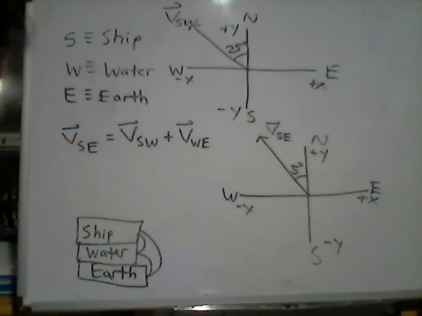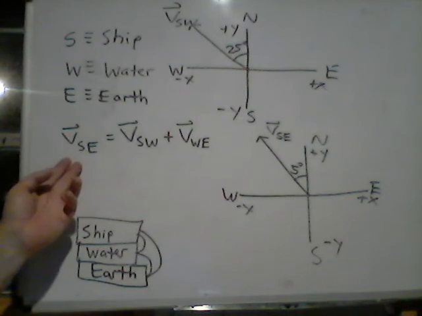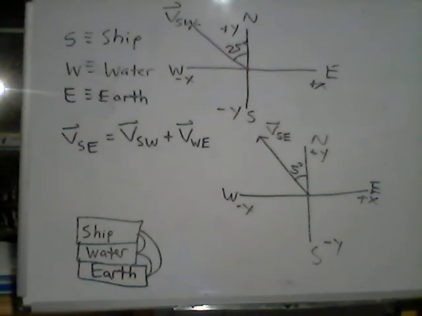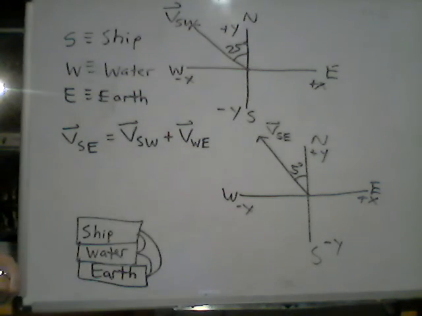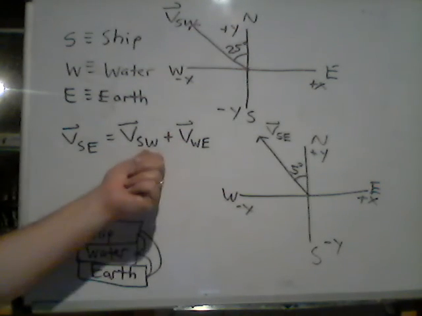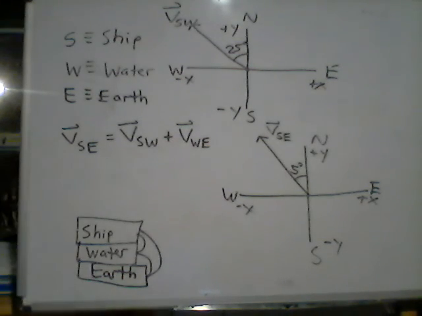What I actually need to do at this point is break them into their components. Well, first of all, I need to do a little algebra here. Then we have to break the vectors into their components, and I've got to figure out what the final vector is. So I'm looking for the velocity of the water with respect to the Earth. So I basically have to subtract the velocity of the ship with respect to the water from both sides.